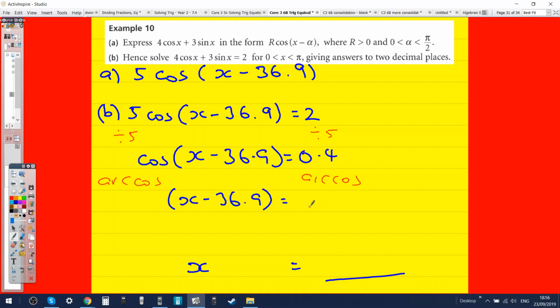Oh yeah, it does make a bit of sense. And so what's arc cos 2 over 5? 66.42. Oh, and then this, yeah. And now it falls into place.